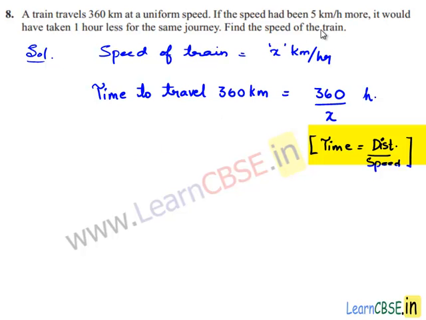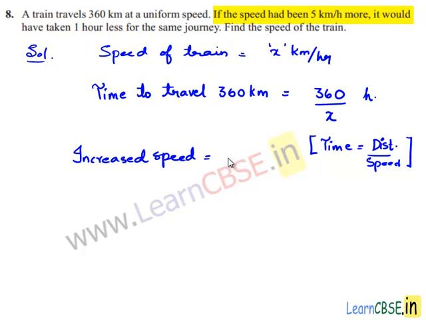Now, if the speed had been 5 km per hour more, it would have taken 1 hour less for the same journey. So the increased speed is equal to x plus 5 km per hour.